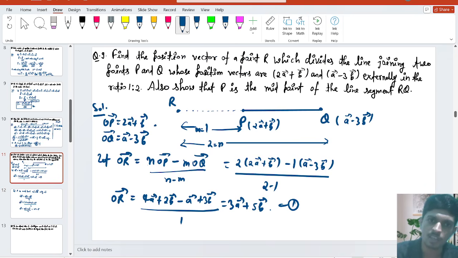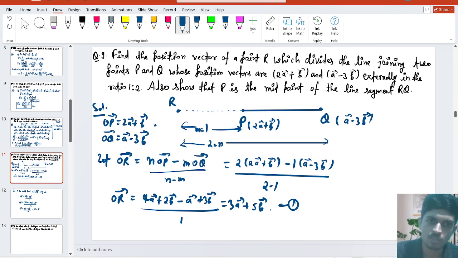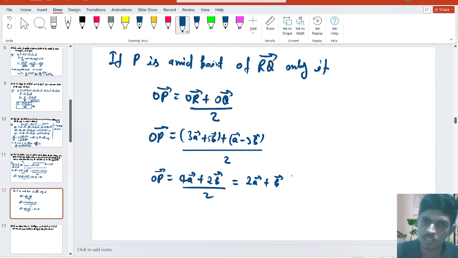Here you see that. So this is equation 2 here and this is equation 3. Okay. So what do we conclude here? We say that vector OP is equal to vector OR plus vector OQ by 2.